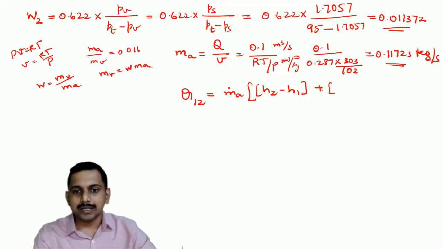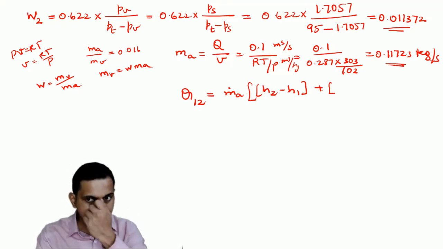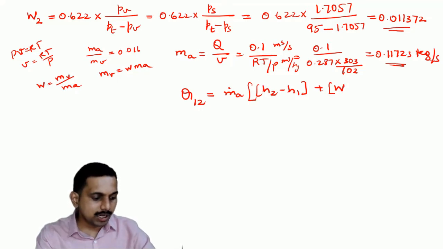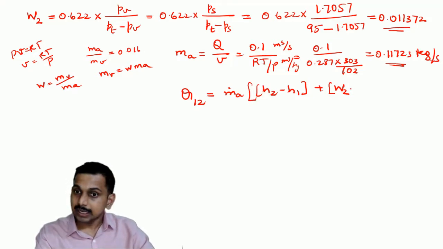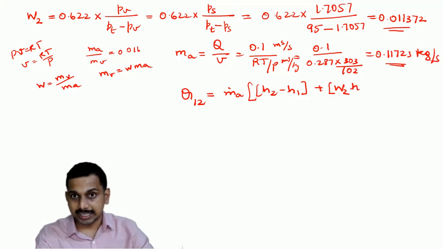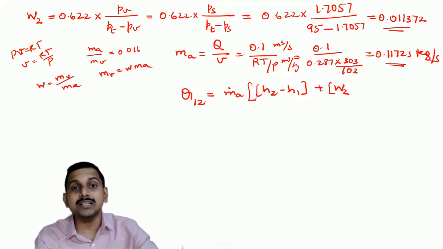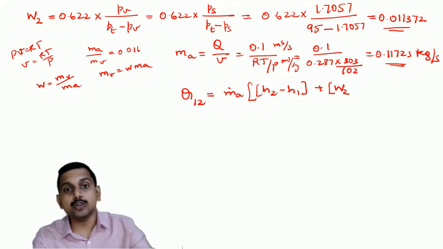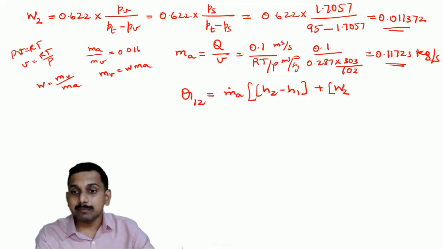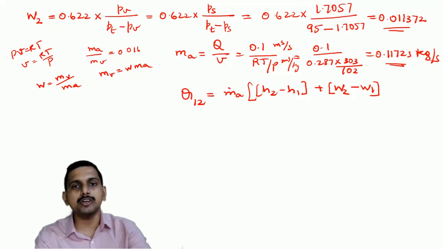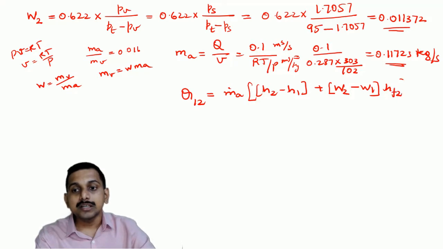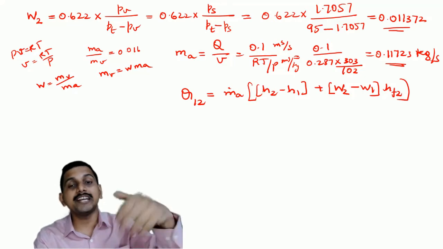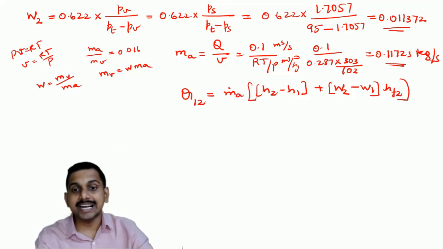So MA is given here, and then W2 into, now it is going out in the water state. What is the amount of water which has gone away? That is W2 minus W1. This much water has left the air, at the enthalpy of saturated water at 2 when it is going out at 15 degrees centigrade. That is what we have to take.